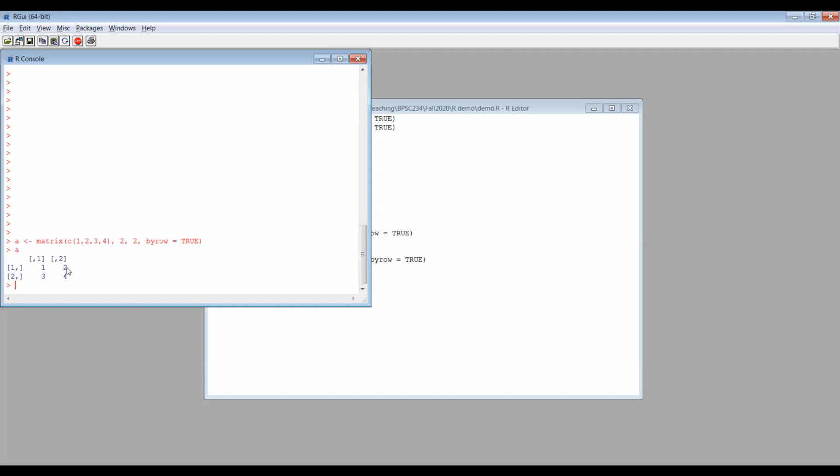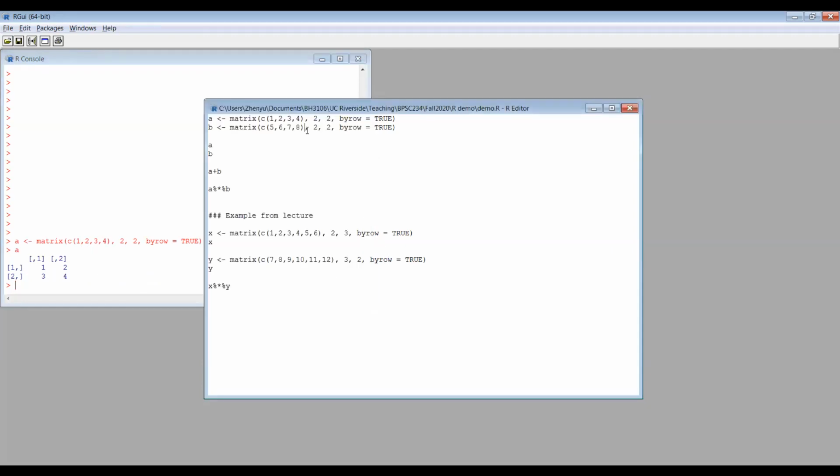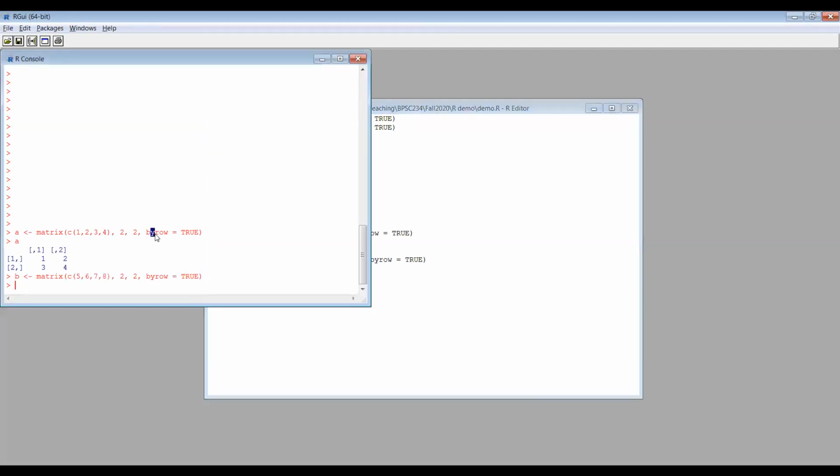We fill the first two numbers into the first row, and then the second row. You can do the same thing to generate B: put 5, 6, 7, 8 into another 2 by 2 matrix, also filled by row. So 5, 6 here and 7, 8 there.